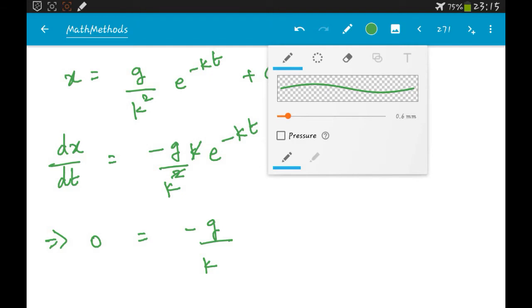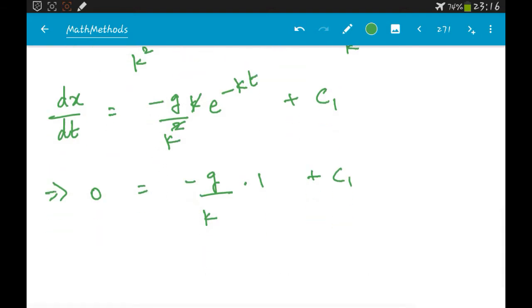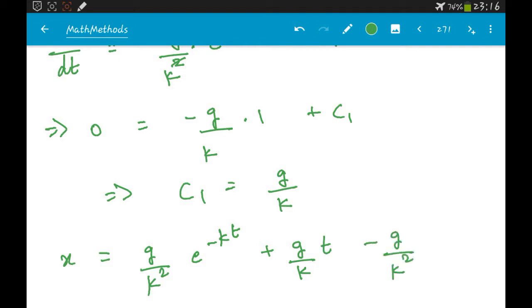So this is minus g by k into 1 plus c1, which means c1 is equal to g by k. Okay, so now you have solved the entire equation. So you got x is equal to g by k square e power minus kt plus g by k into t minus g by k square. So this is your x of t.